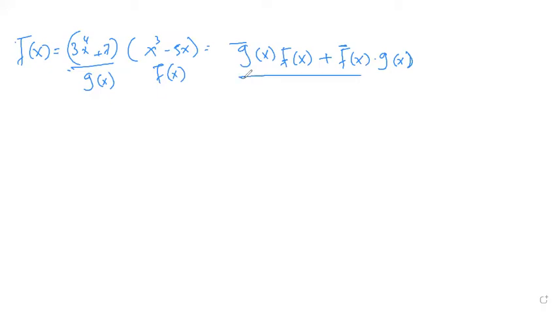Okay, this is a general formula. Let me prepare g(x), derivative of g(x) and derivative of f(x) before. For example, the derivative of g(x): 4 times 3 will be 12x power 3. And this one is constant, it will be 0. The derivative of f(x) will be 3x squared minus 5.